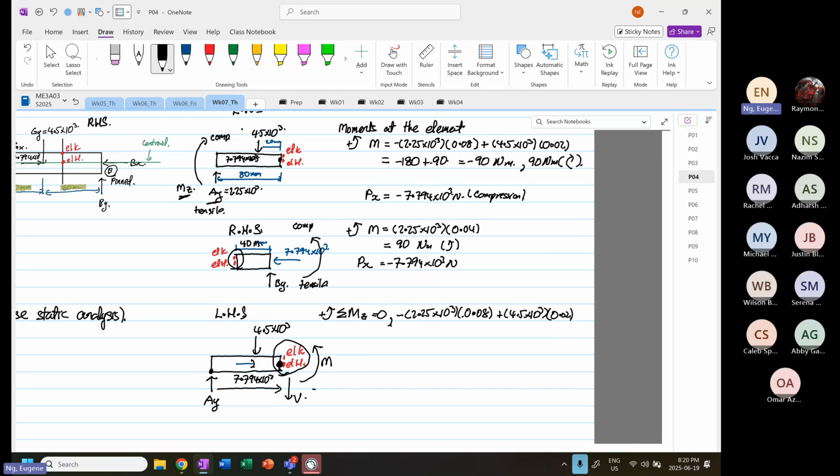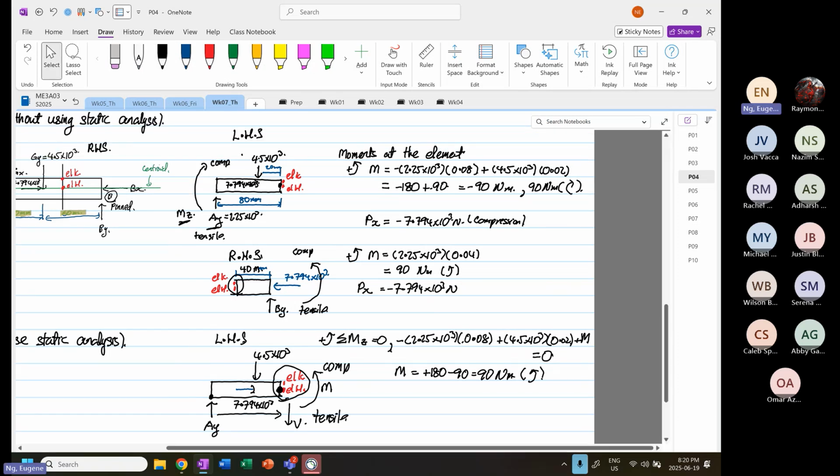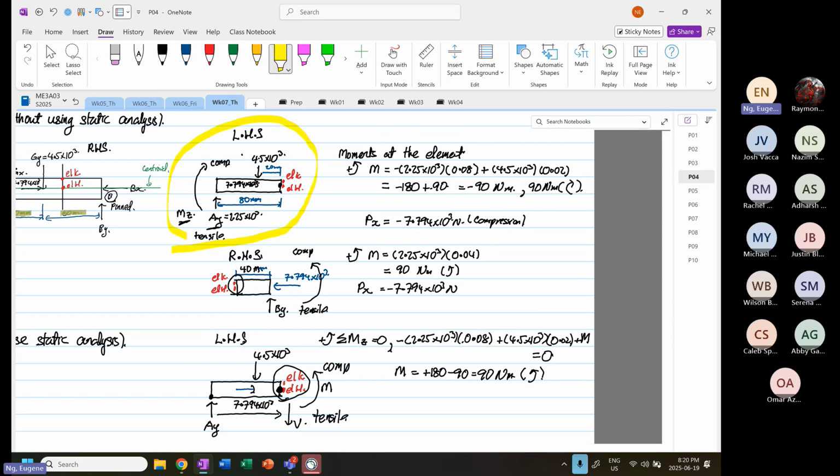The moment M plus all of that will be equal to 0. Therefore, M will be equal to positive 180 minus 90. This is equal to 90 Newton meter. When it's positive 90 Newton meter, it means the assumption is correct. So up here is compression, down here is tensile.